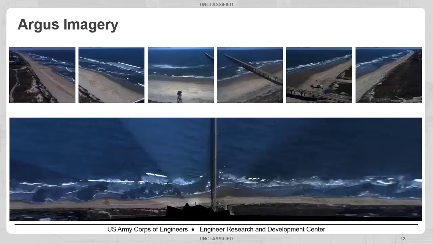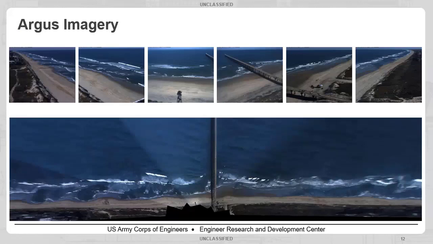For those that are unfamiliar, the Argus Tower that we use is located at the FRF at Duck, North Carolina. The tower is 43 meters tall and has 6 cameras stationed on it. Traditionally, the images are captured at 2 hertz for 17 minutes at the top of the hour. However, for this experiment, we upped it to every 30 minutes, but the frequency was at just 1 hertz.